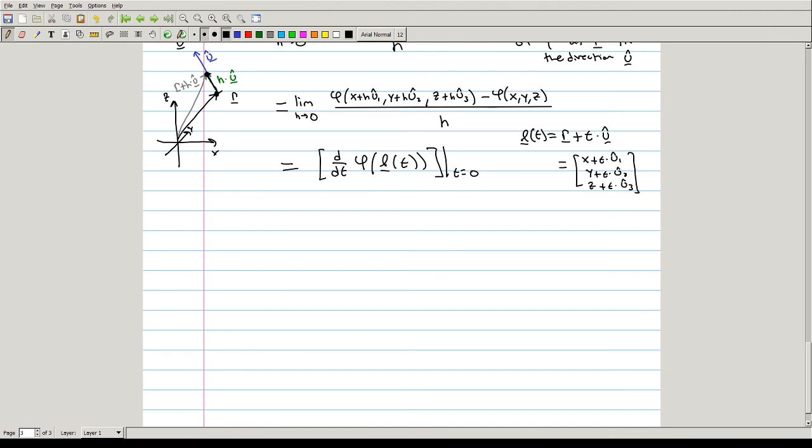And you'll remember that this derivative right here, we can evaluate using the chain rule. Right? The phi here depends on x, y, and z, each of which depends on t, from this linear equation right here. So we'll just do x, y, and z.